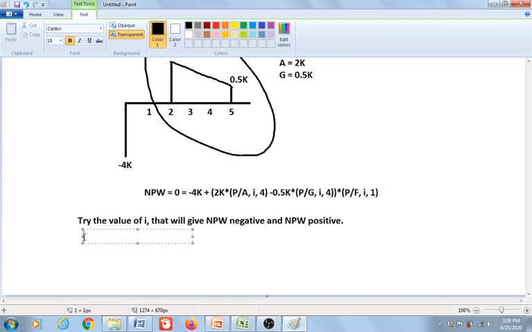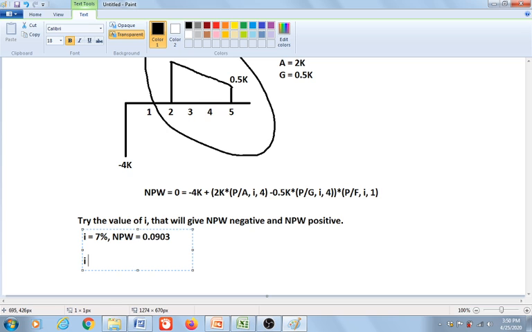So in this case, for I equal to 7%, you substitute I equals 7% into this equation, and you're gonna get NPW equal to 0.0903.